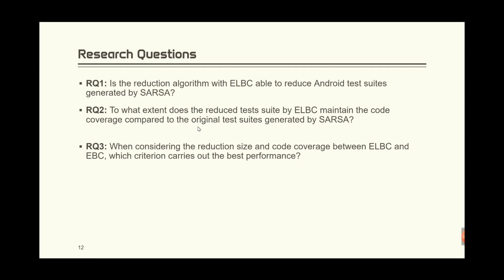And the last one: when considering the reduction size and code coverage between ELBC, the current criterion, and EBC, our previous criterion in the previous study, which criterion carries out the best performance?